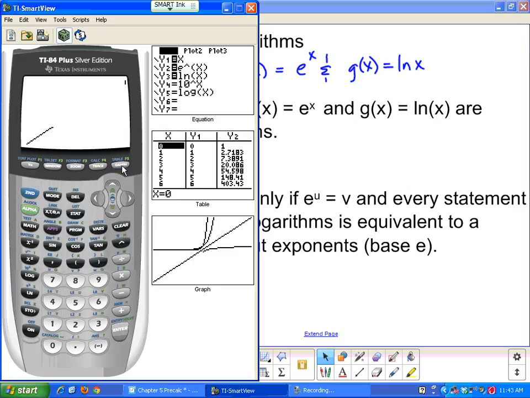Okay, and look at a graph. And you're going to notice that, again, it looks like the two are reflections of each other over the line y equals x, and that's because they're inverses. And again, that natural log of x is going to continue even though it looks like it doesn't. It's just that it's getting really, really close to the y-axis as x gets closer and closer to 0. So your calculator just won't graph that part of it.